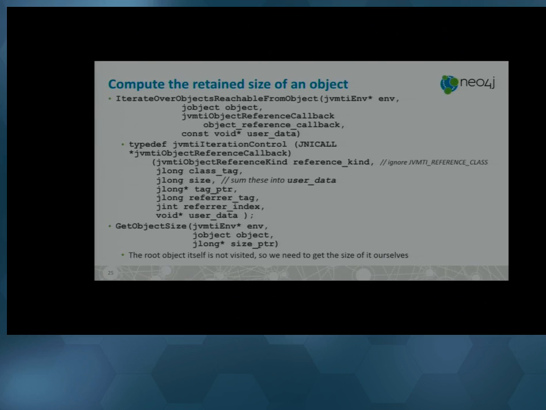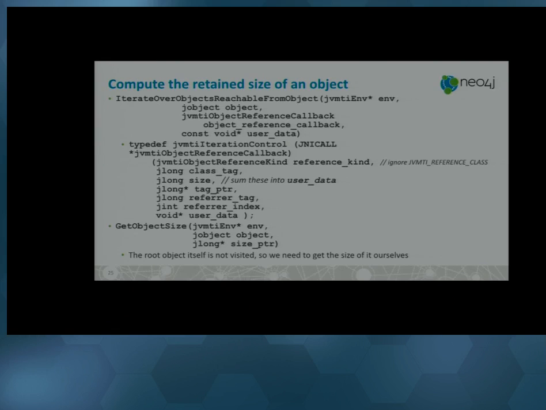So the size of an object and all of the objects that it references, by using the iterate over objects reachable from object method, which does what it says on the tin. It iterates over all objects reachable from a given object. It doesn't give you a callback for the object that you start from.